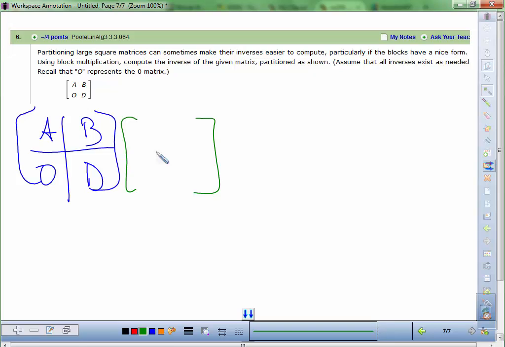What we want to do is assume that the sizes will fit, because this might not be a square matrix. They're assuming this is a square matrix, but the partitions might not be square. So let's just assume that this is going to get partitioned so that it'll work out. What we're going to need is to know these 4 different parts of your new matrix, which is going to give you the inverse.